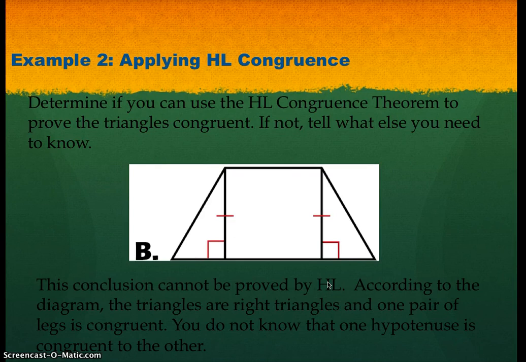According to the diagram, the triangles are right and one pair of legs is congruent, but we do not know that one hypotenuse is congruent to the other. The problem is that the hypotenuse, right across from the 90-degree angle, is not marked equal to the hypotenuse on the other side. So sorry, even though it looks like they're the same size, those two triangles are not, in fact, congruent.